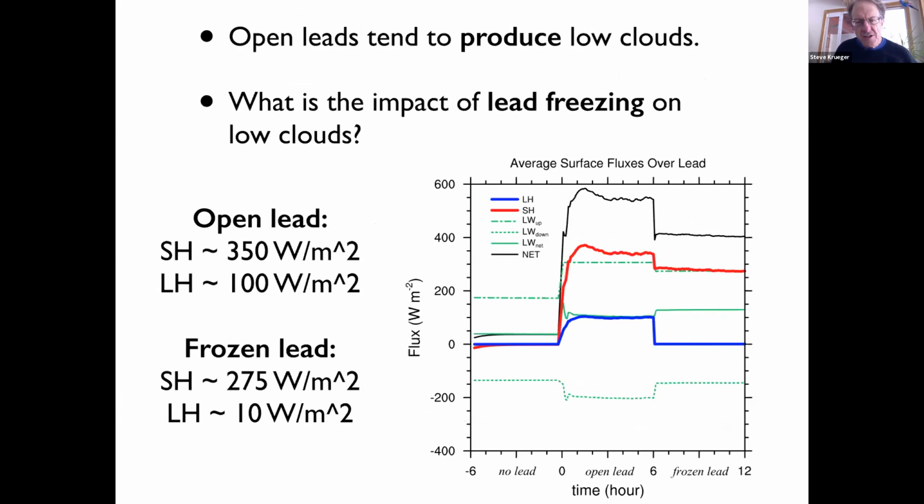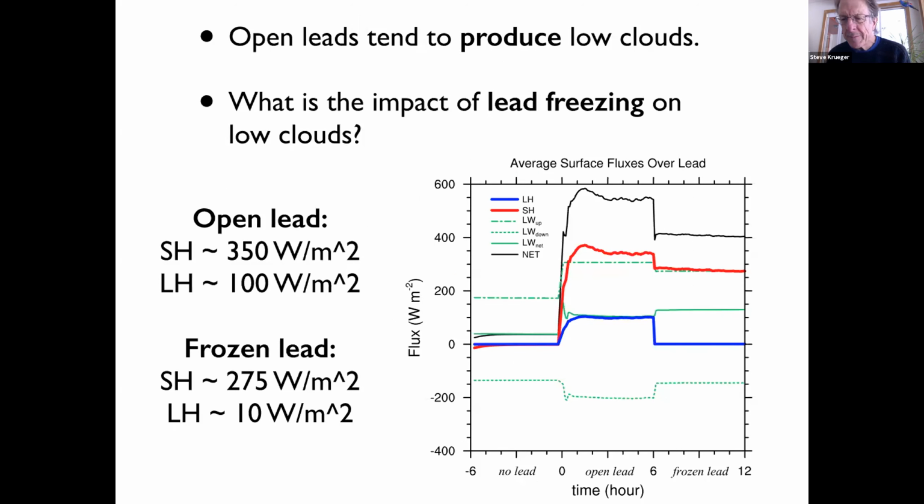This chart shows what happens in a simulation when we essentially close a lead, or refreeze it. The heat fluxes over the open lead are, in this case, about 350 watts sensible heat and about 100 latent heat.